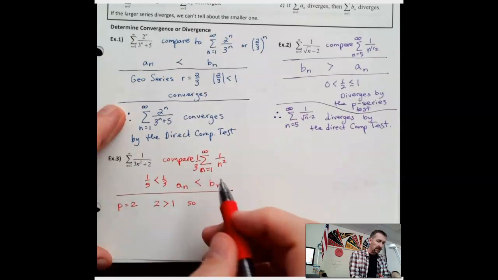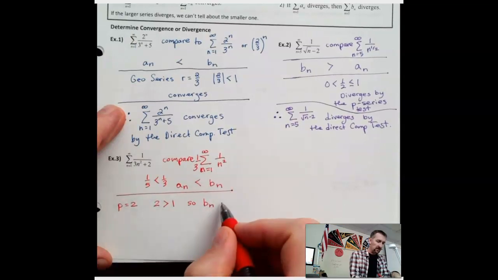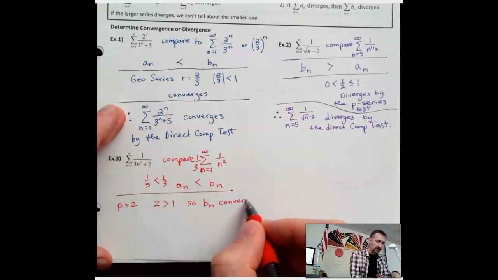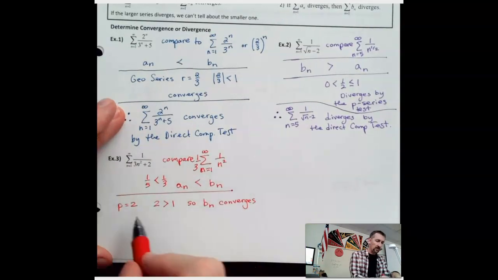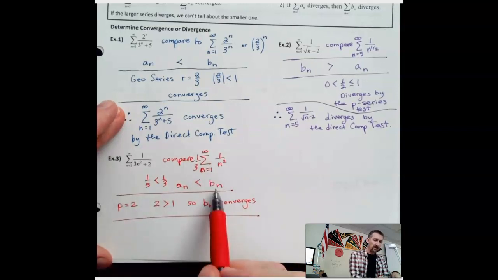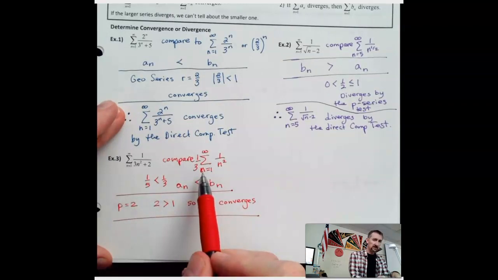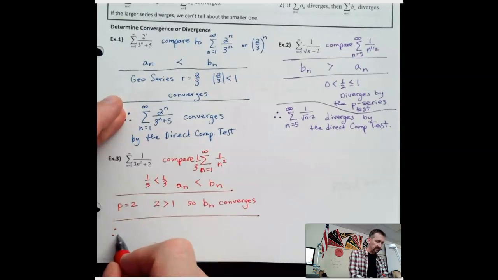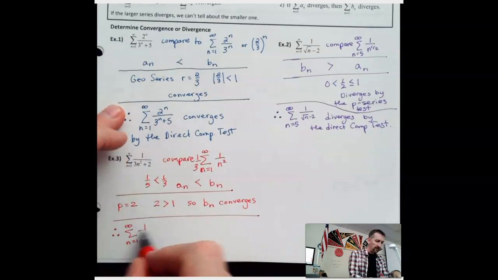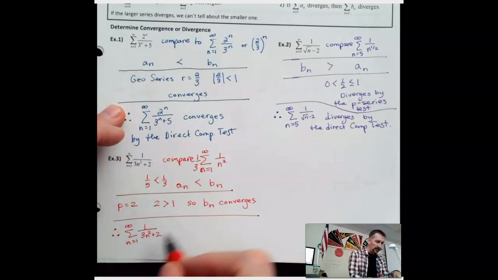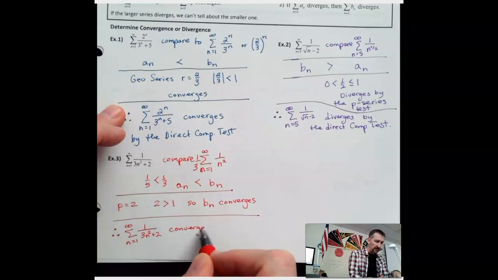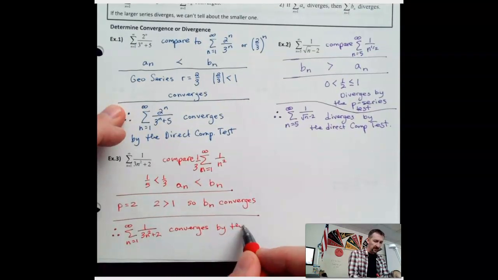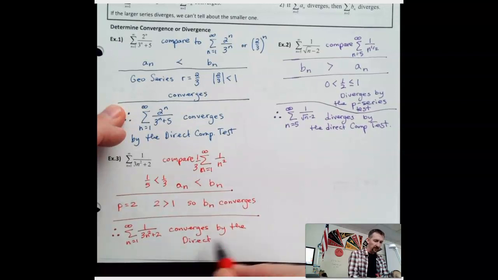So b_n converges. Right? So since the bigger series converges, then that means this must converge. Therefore, this converges by the direct comparison test.